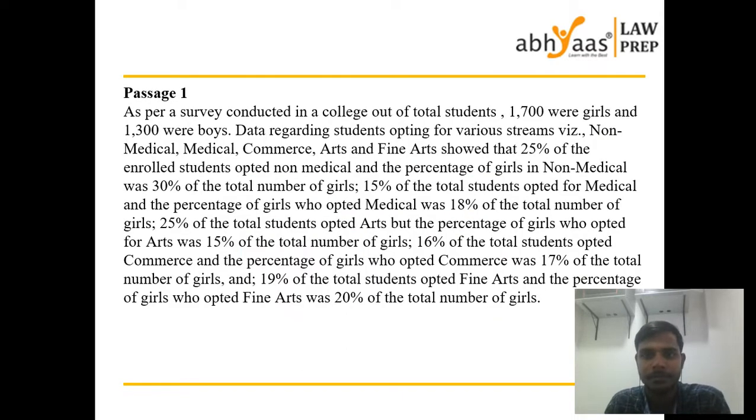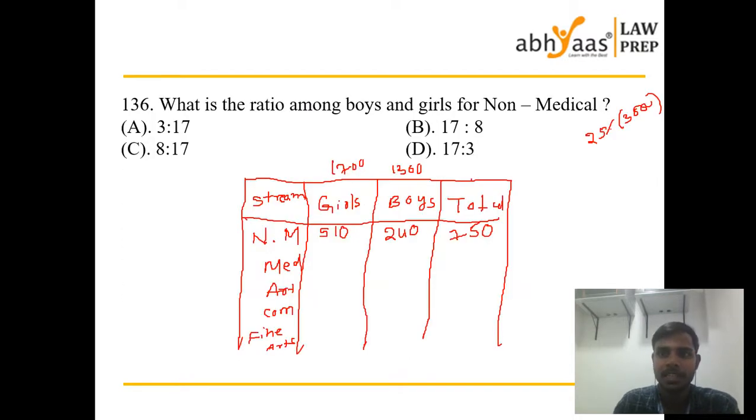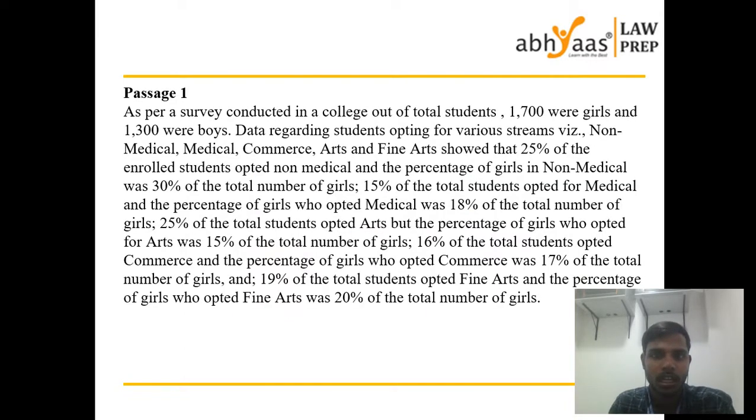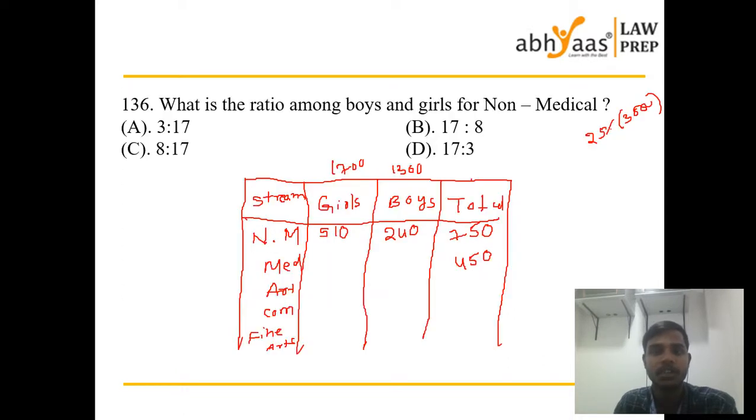Next. 15% of the total students opted for medical. So 15% of 3000 is how much? 15% of 3000 is 450. The total number of students opted for medical is 450. The number of girls who opted for medical was 18% of the total number of girls.